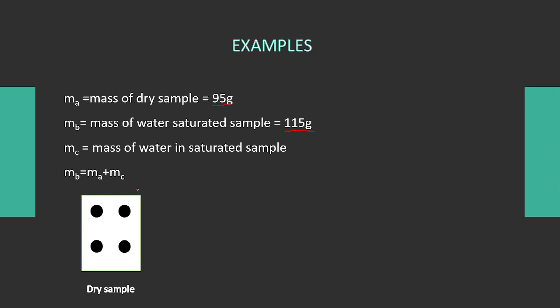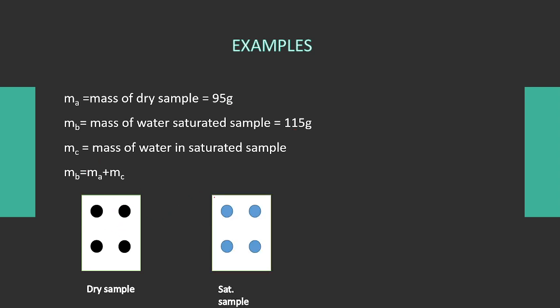What we can do is that if we have our dry sample this way and we have our saturated sample this way, the black spaces will be representing the pores, and when they are filled with fluid now, they are blue. So that's what we are representing them with, the pores being filled with water, because the saturation is with water. Now, if it's a dry sample, it will come with its own mass, but the moment it's saturated with water, the water is also going to come with its mass.